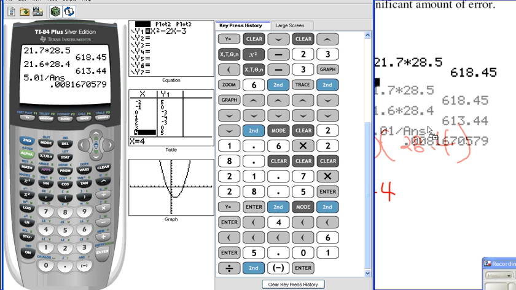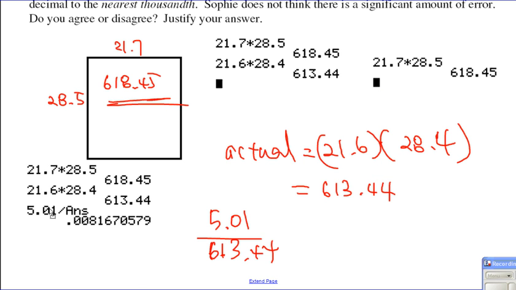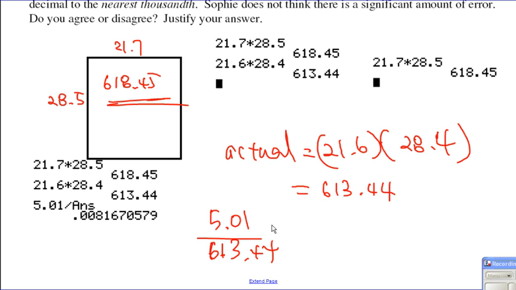So that's what we end up getting. Therefore, this is about 0.8%, which is very small. So therefore, there doesn't seem to be any significant amount of error, and we have shown it right over here.